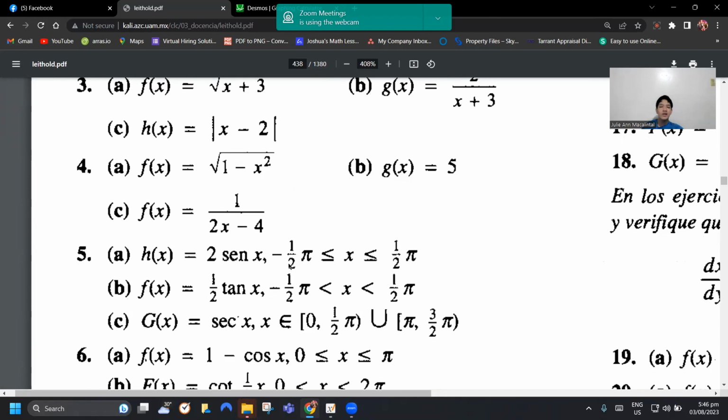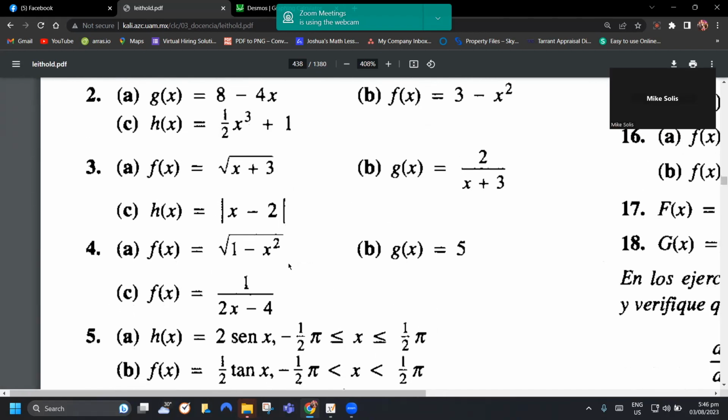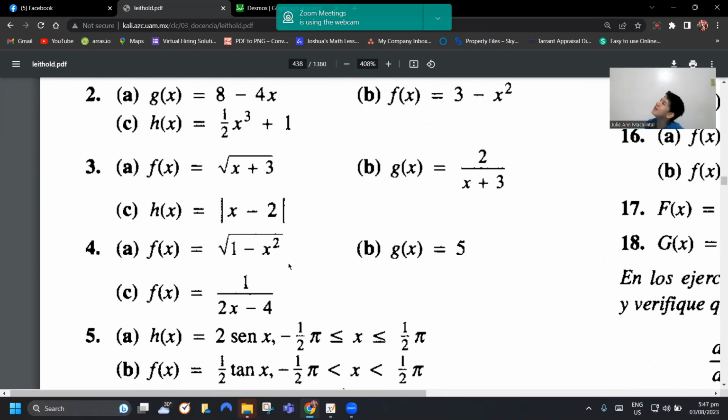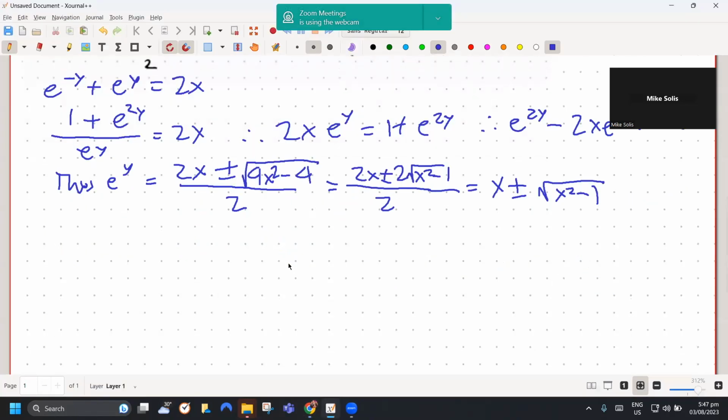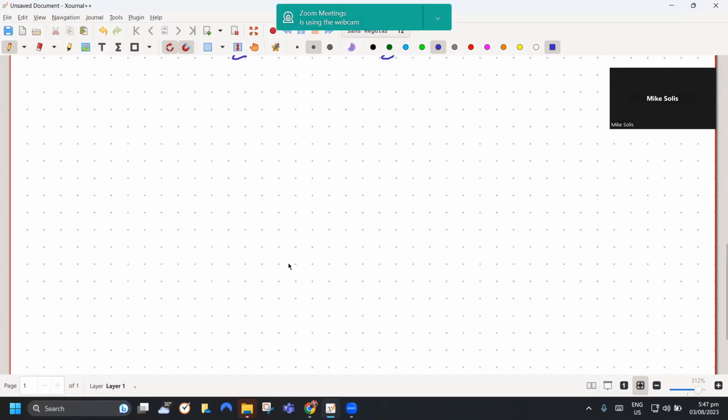No. Pag absolute value po. Okay. Ngayon, pwede mo bang i-restrict yung domain para maging 1 to 1 yan? Yes. Either less than or equal to 0. Pa-share nung external para makita ko kung ano yung possible domains para maging 1 to 1 yan.